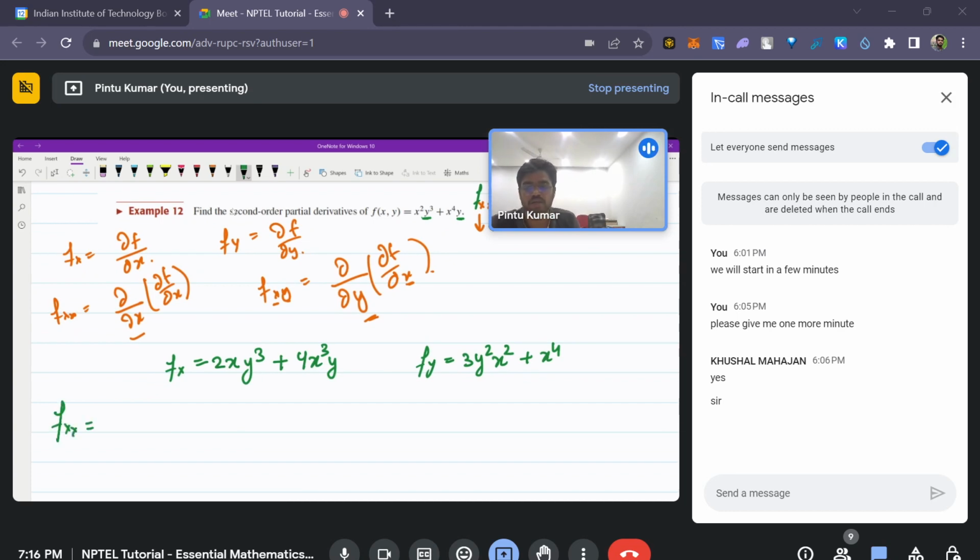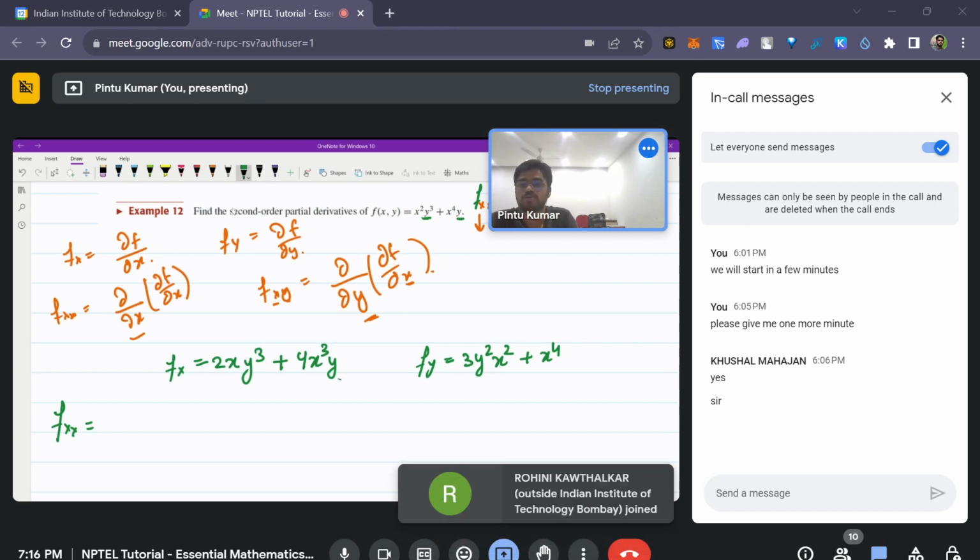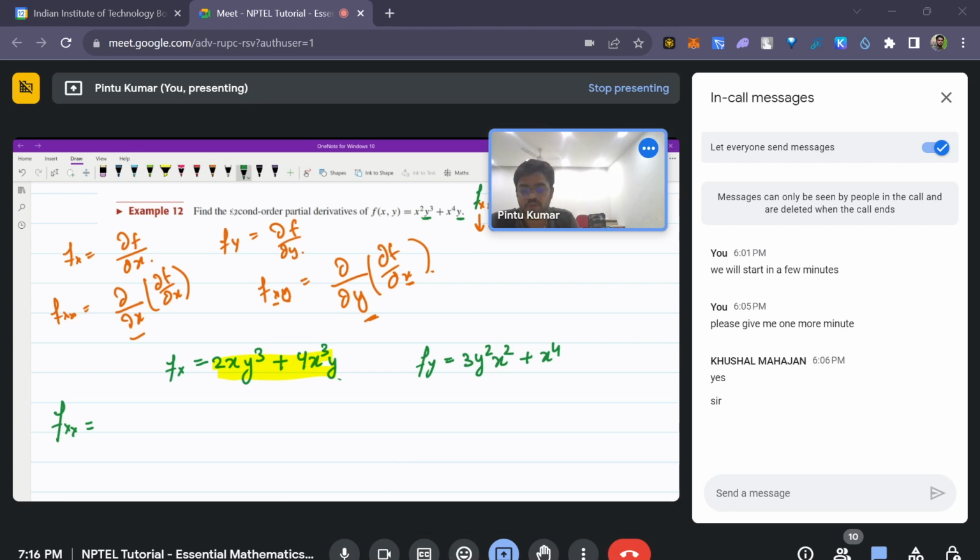We will calculate the partial derivative of this particular term with respect to x, and we will obtain 2y cube plus, sorry, it would be 12, not 8, plus 4 3s are 12 x square y.